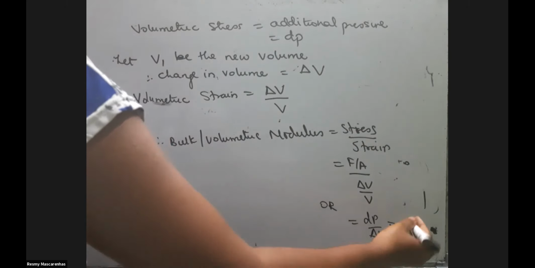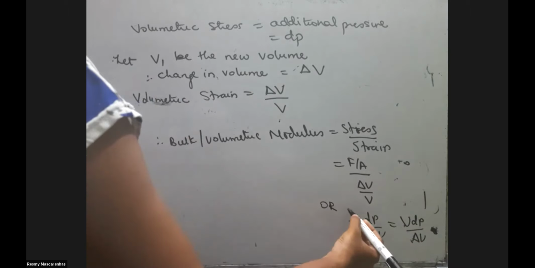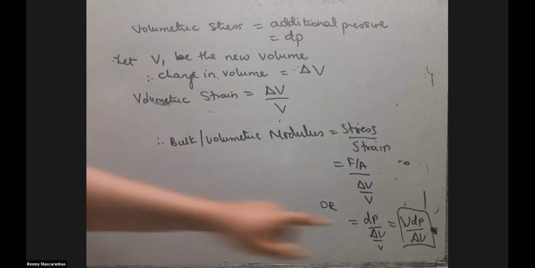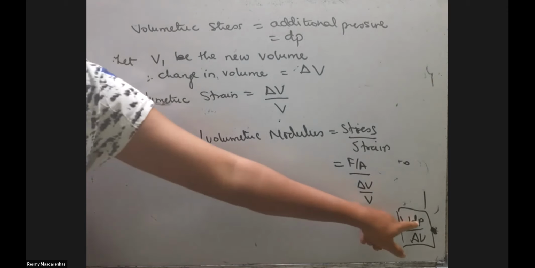So it will be V dP upon delta V. That is equal to your bulk modulus. With the pressure you can use this, or force upon area, based on what is given in the problem. Suppose directly pressure is given, then you can use this formula.